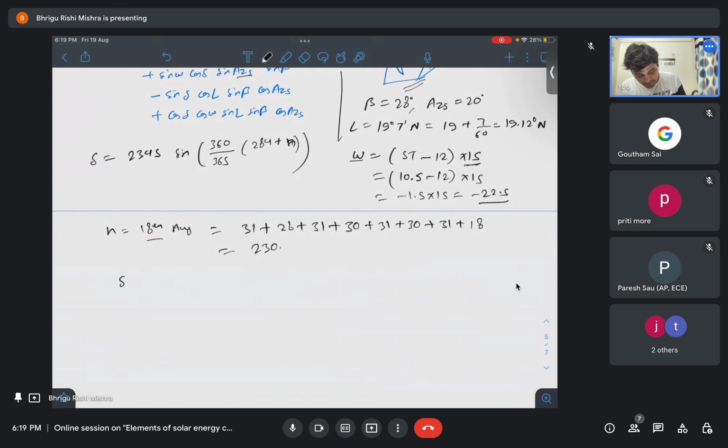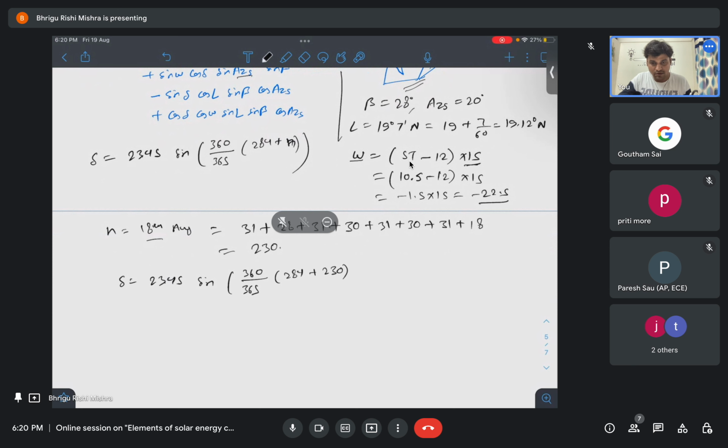So delta will be 23.45 sine of 360 by 365 into 284 plus 230.